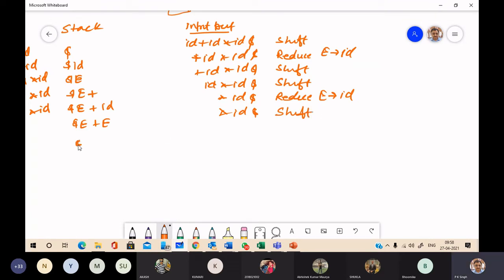So you will get E plus E asterisk ID here, dollar here, again shift. So you will get E plus E asterisk ID dollar here. Then reduce.